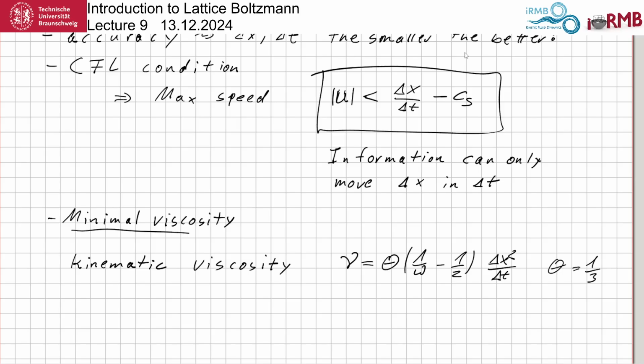And of course, omega is our relaxation rate. Now from this we can of course get, the observation would be there is a minimal viscosity that we can put into our method, or a minimal omega until which it will remain stable.